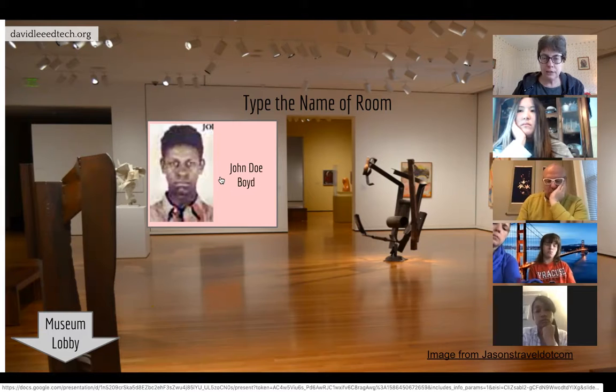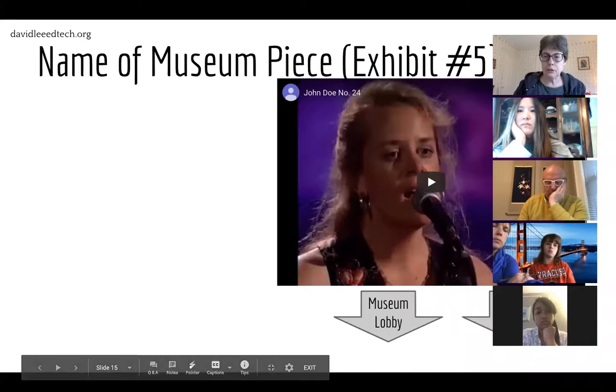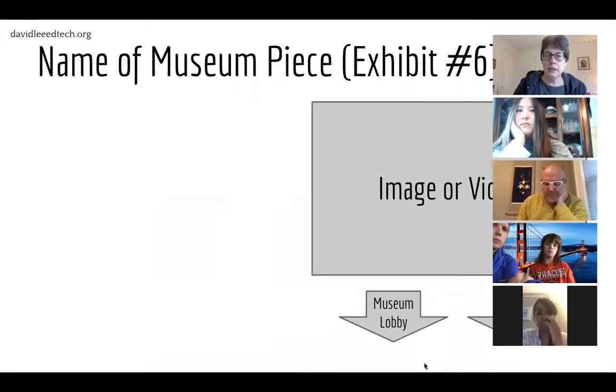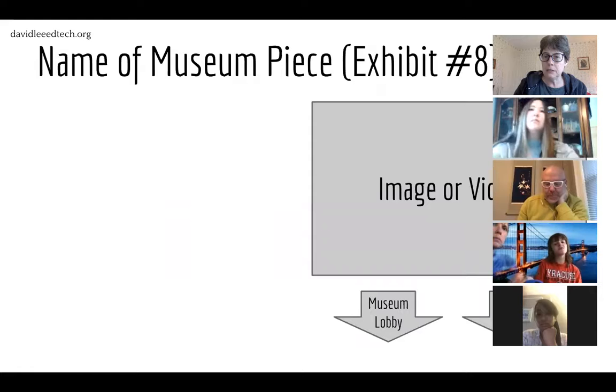If we click on John Doe here, it will bring us to a video in which his story is told in song. I can also add some additional information to tell more of his story.